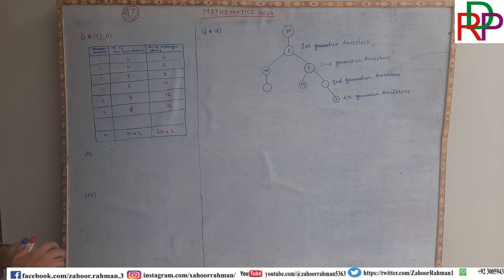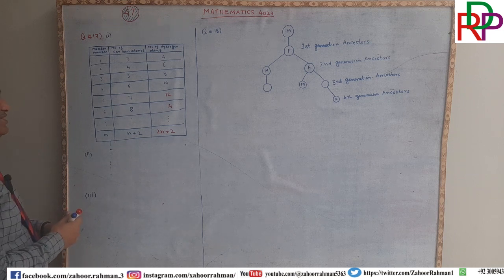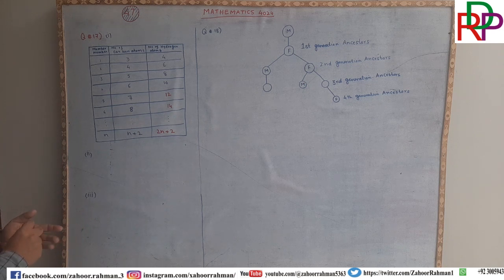Ladies and gentlemen, because we are reaching the end of this pattern and sequences chapter, it might be easy for you. If you are still feeling difficulties, then go to the previous lectures, clear your concept, and come back here. You will comparatively find these questions easy.